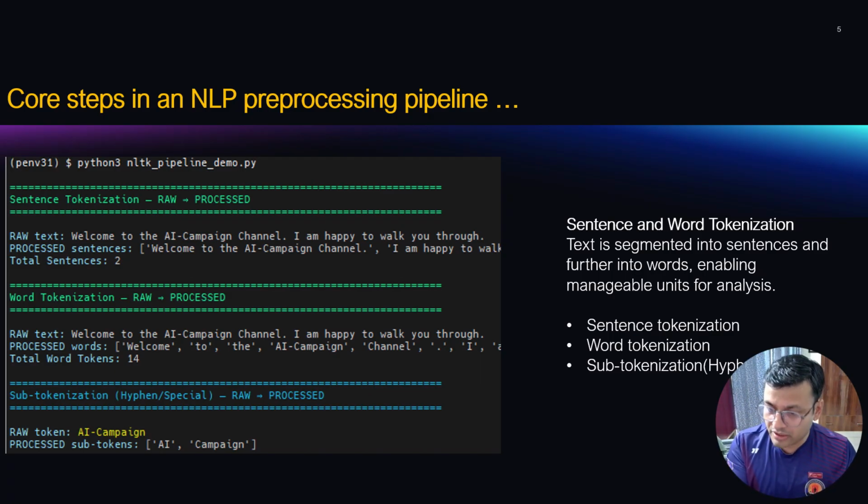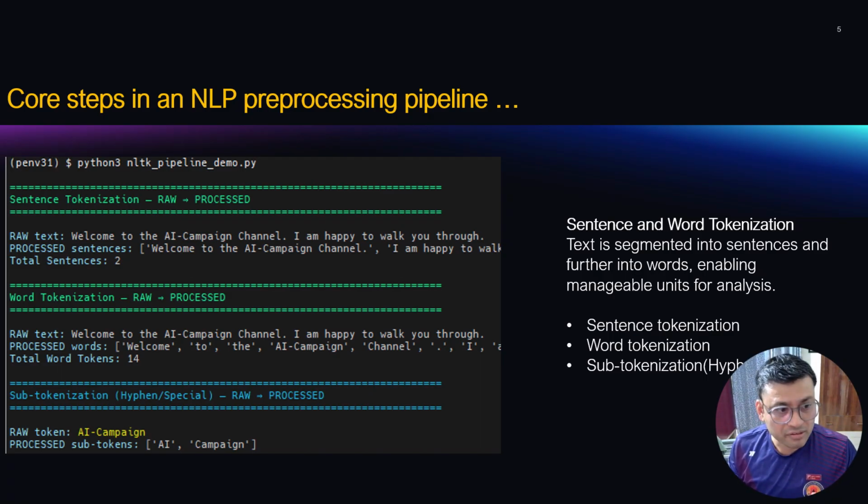In this script, NLTK uses a model like punkt to detect sentence boundaries automatically. For example, Welcome to the AI campaign channel. I am happy to walk you through, will be split into two different sentences, and that is what you see in the processed sentences.